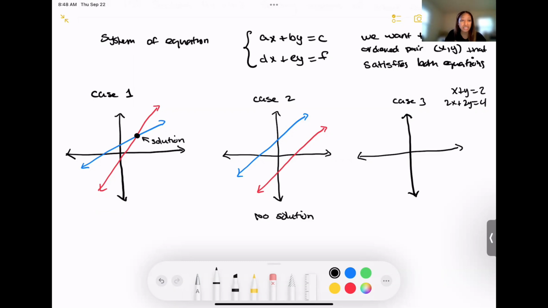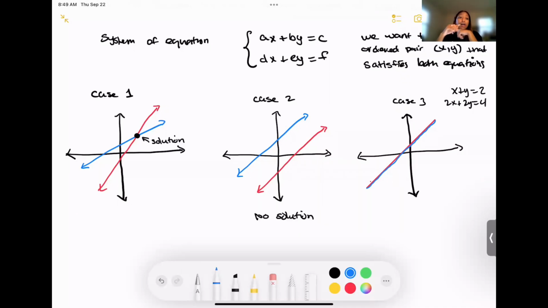So if we had this system where we graph these two lines, the lines will end up being right on top of each other. I'm going to try to draw them right next to each other. So in this case, the two lines are actually the same graph, which means that they share all of their points.